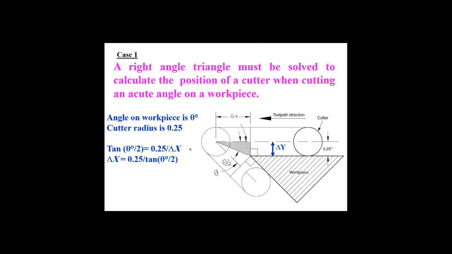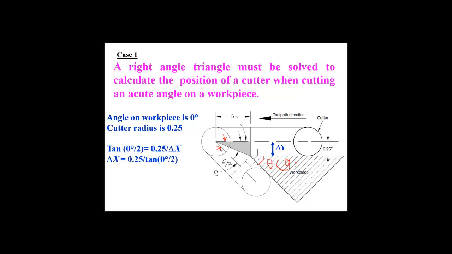Assuming the workpiece has an angle theta, whatever the value of theta, it is of course an acute angle, less than 90 degrees. As far as it is less than 90 degrees, we apply this case. If this is theta, that angle is the same and will again equal theta.